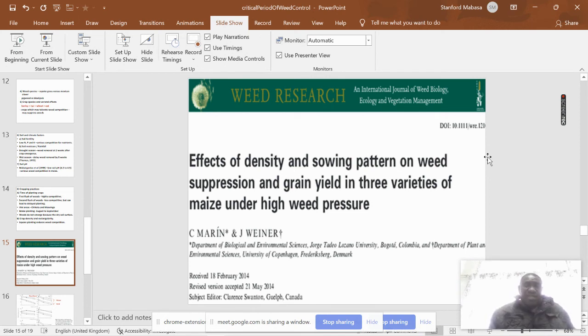Probably you may need to read this paper, effect of density and sowing pattern on weed suppression and grain yield in 3 varieties of maize under high weed pressure. In this paper, the scientists are demonstrating that with some varieties planted at a certain density, they can actually tolerate the presence of weeds.